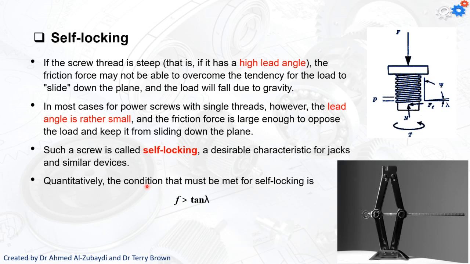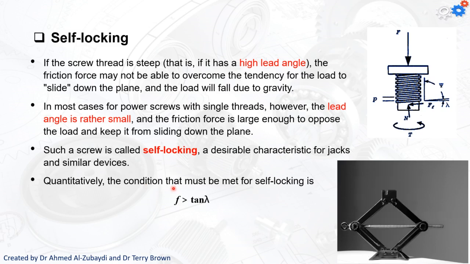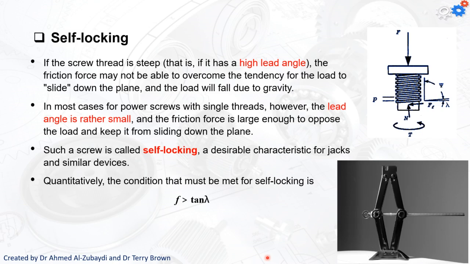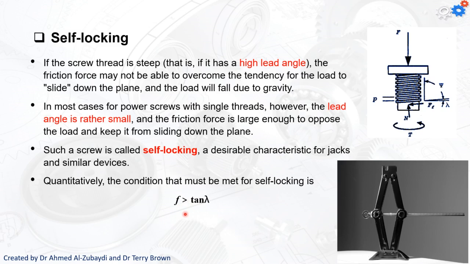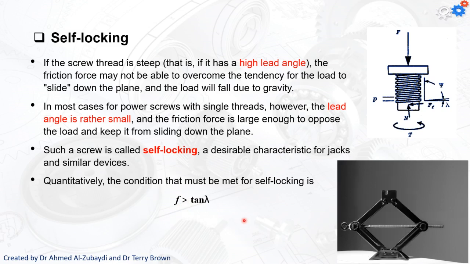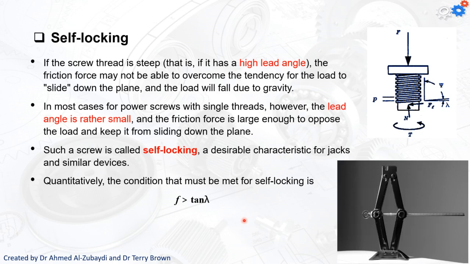However, quantitatively, the condition that must be met for self-locking is that the coefficient of friction should be more than the tangent of the lambda. If I have this scenario, I can say that this power screw can be self-locked.